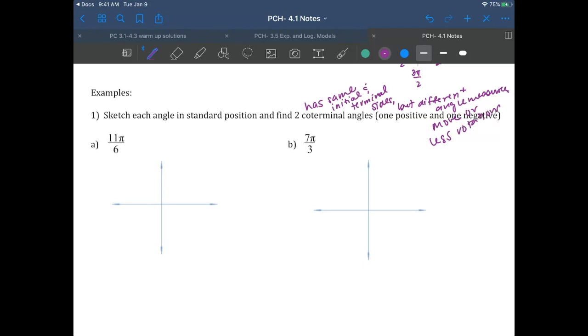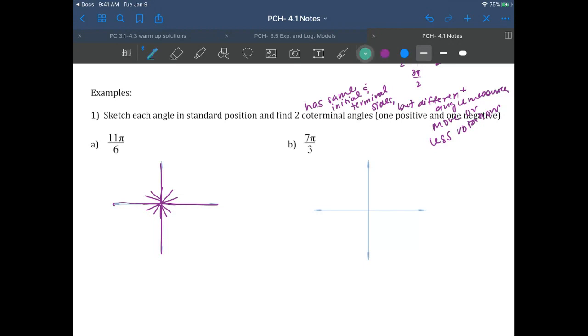Okay, so 11 pi over 6. What I do is I split up my circle into sixes. So I'm like 1, 2, 3, 4, 5, 6. So the bottom number tells me how many wedges to cut on the top. And then I go 1, 2, 3, 4, 5, 6. So 12 wedges total.